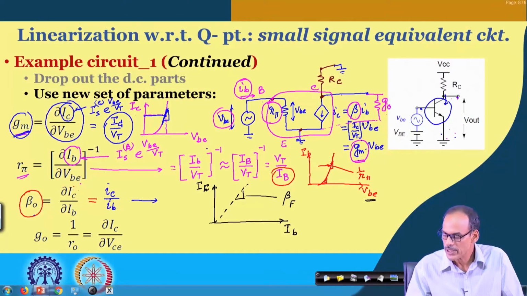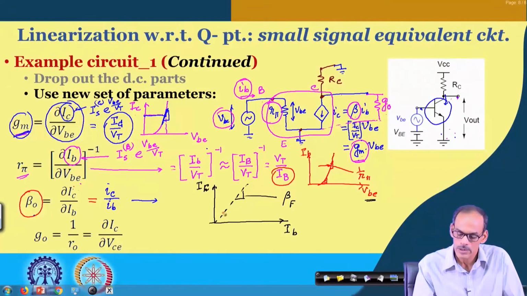But in the practical case, if you go to a lower level of current, it has a different slope. Here it may remain constant, and then if you go to higher current, again there will be a bend.